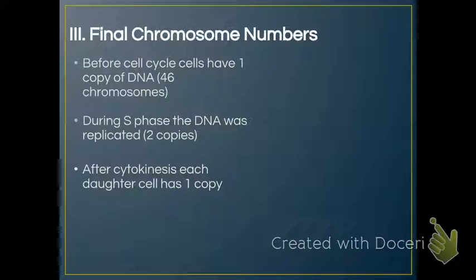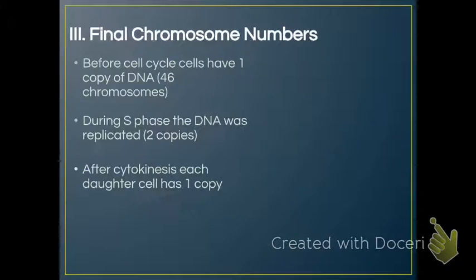So that's it. So let's do the chromosome number. Before the cell cycle starts, you have one copy of DNA, 46 chromosomes. And then during the S phase, the DNA replicates into 2, right? And then after cytokinesis, each daughter has one copy.